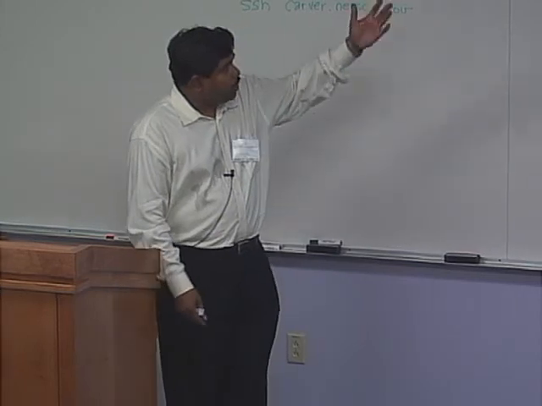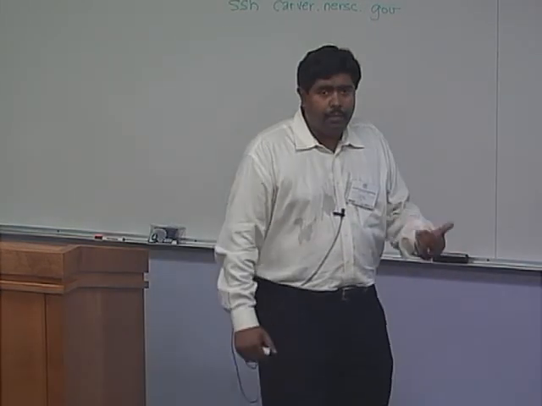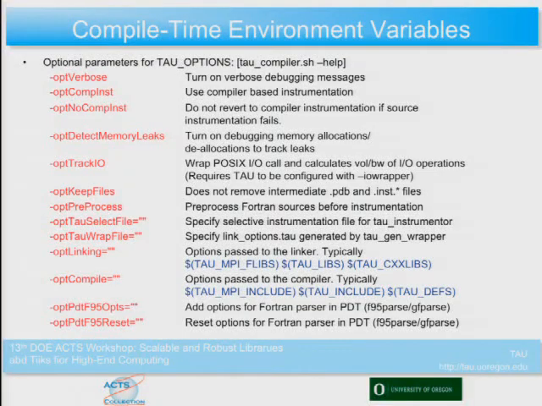Similarly, we also have compile time environment variables. You can set some of these options like compinst. What if you don't want to parse the program? What if there are errors? You can tell the compiler to instrument the code automatically by just saying opt compinst.